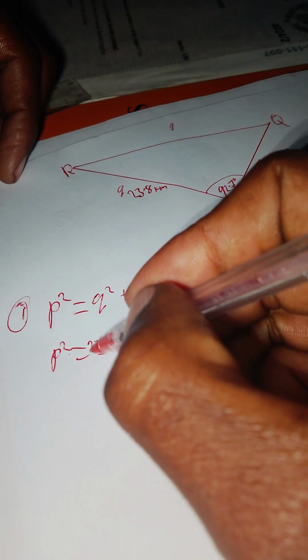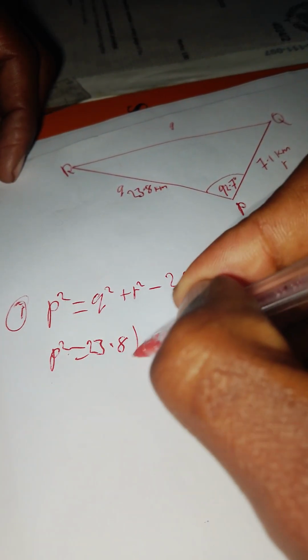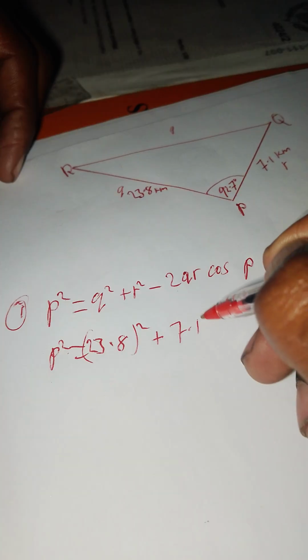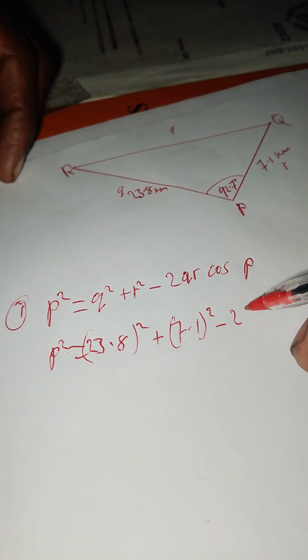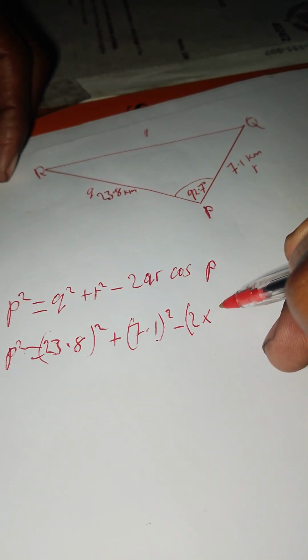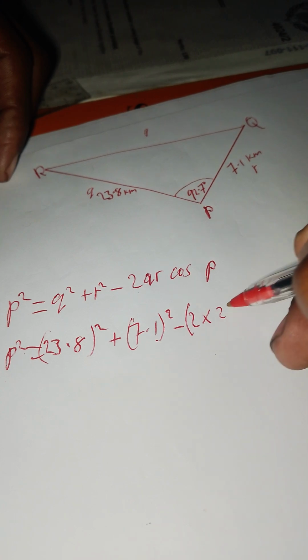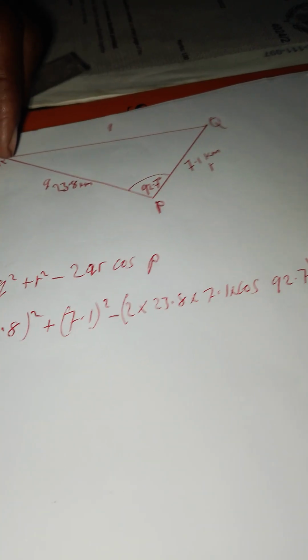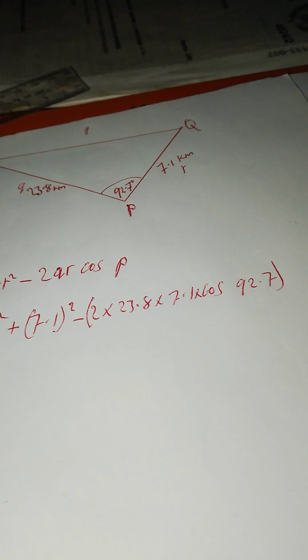So you say 23.8 squared plus 7.1 squared minus 2 in bracket times the Q, which is 23.8, times 7.1, times cos the given angle, which is 92.7, like that. This is what we are saying here.